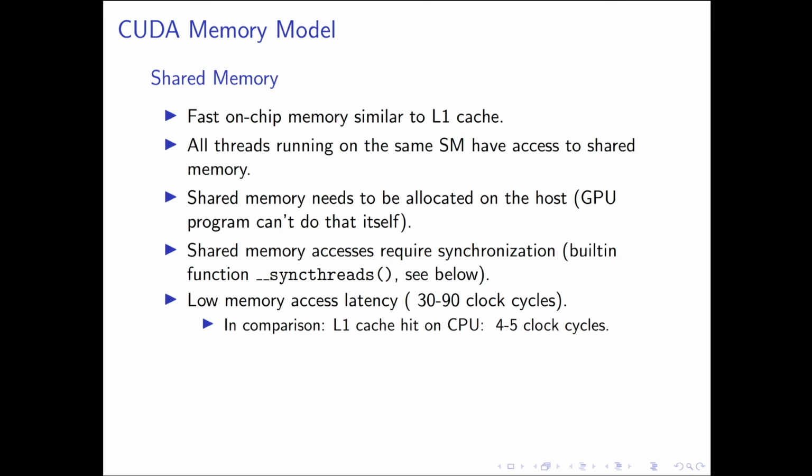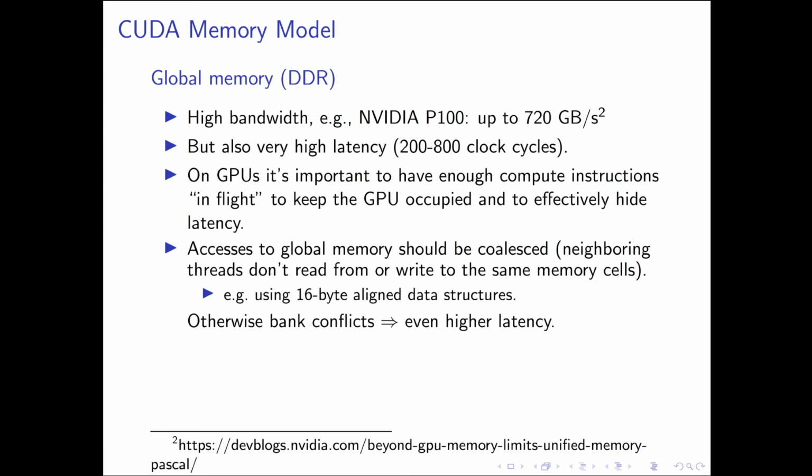And on the other hand, we usually also have very high bandwidth. That brings us to the discussion of so-called global memory. Global memory is basically just DDR memory. That is, this is a memory region that is not on board of the chip, but instead is attached via the board and via an interconnect to the GPU.